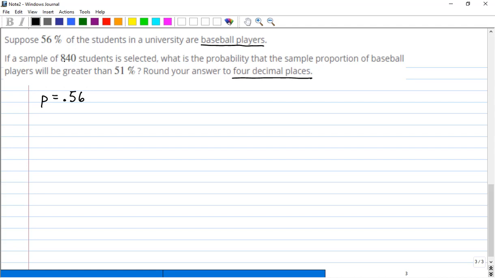We have a sample size of 840. And we want to know the probability that the sample proportion of baseball players will be greater than 51%. So P hat is 0.51, and we're looking for the probability that P hat is greater than 0.51.